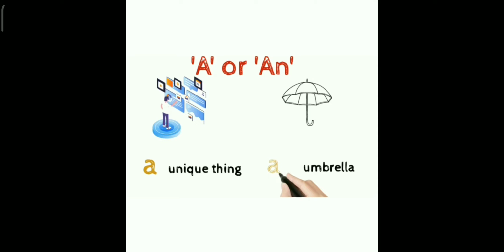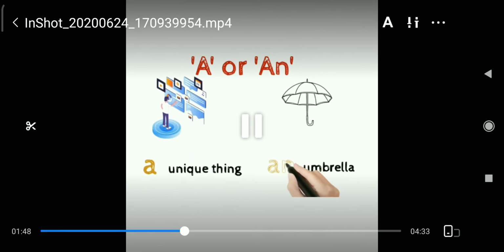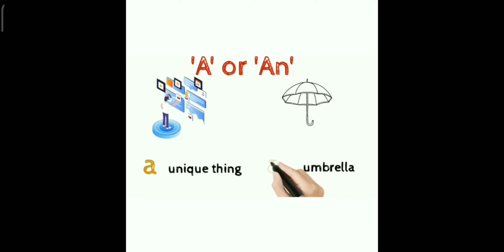Unique starts with the sound Y. Y is a consonant sound, so it will take only a, right? And umbrella starts with the sound A. Is A a consonant sound or a vowel sound? Yes, my dear students, it is a vowel sound. So because of the vowel sound, it will take an and not a. We will say a unique thing and an umbrella.